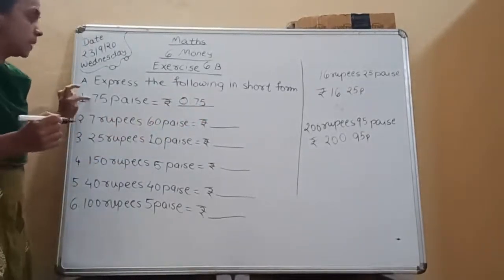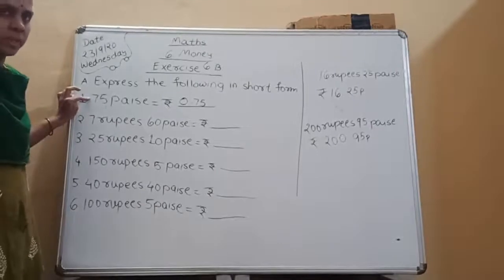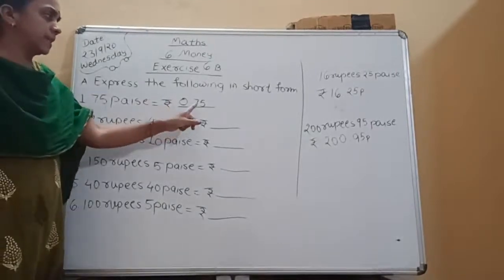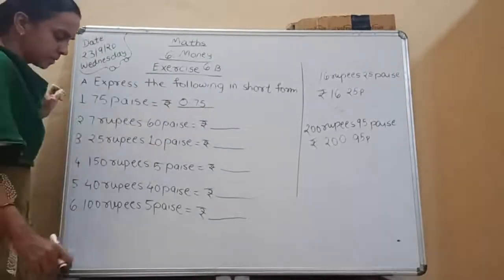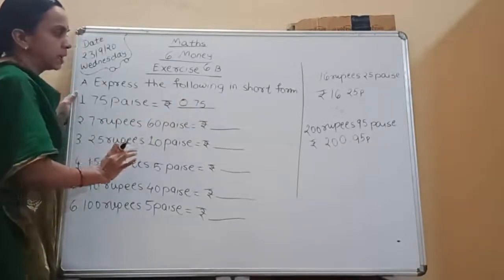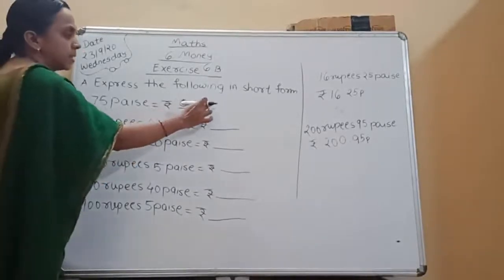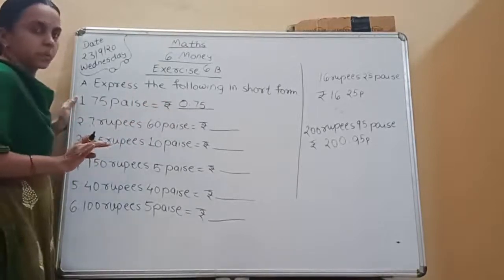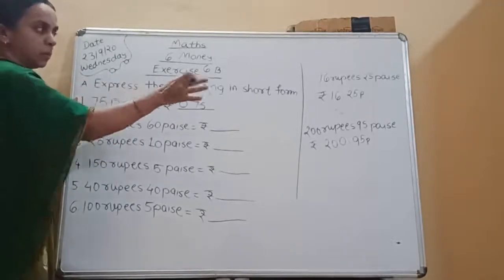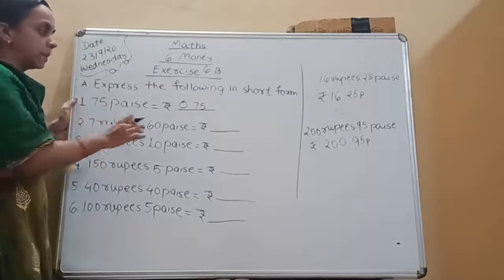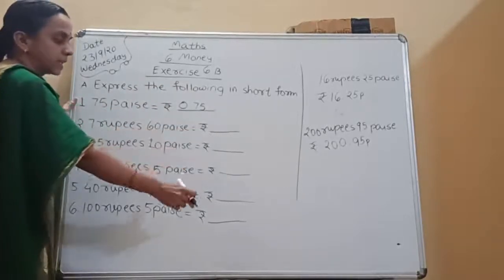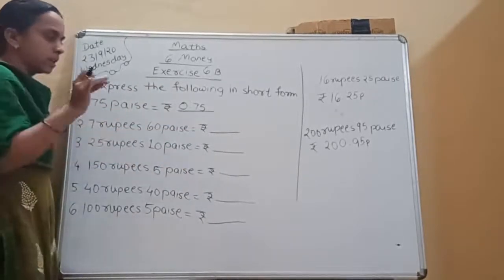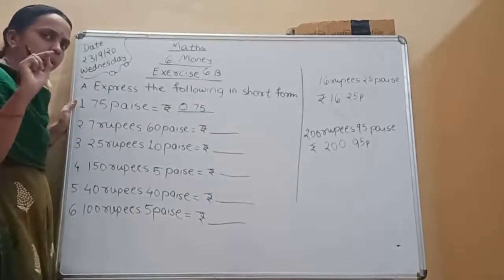Because rupees are not given, we write 0.75. No need to write paise here because the rupees sign is already given. If the rupees sign is not given, then we can write a small p. But in every example here the rupees sign is given, so no need to write that small p.